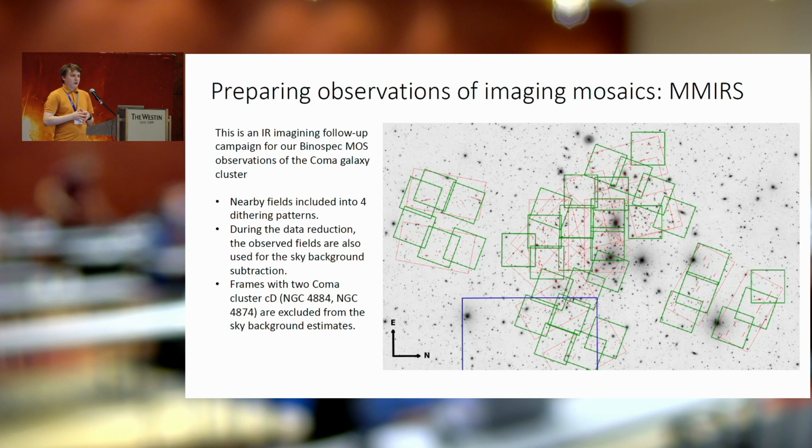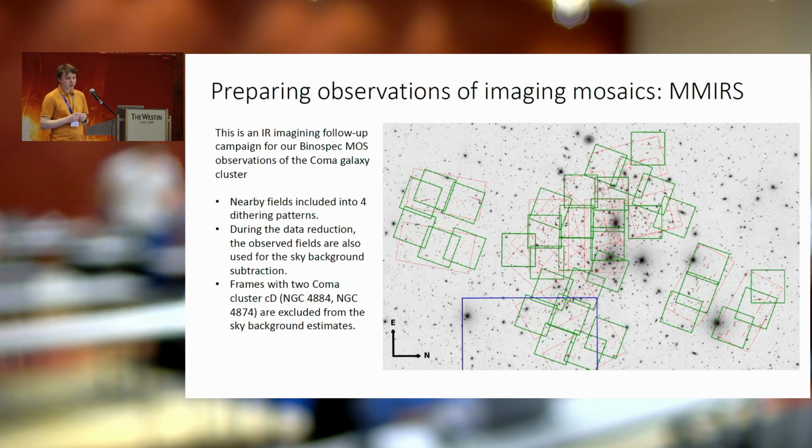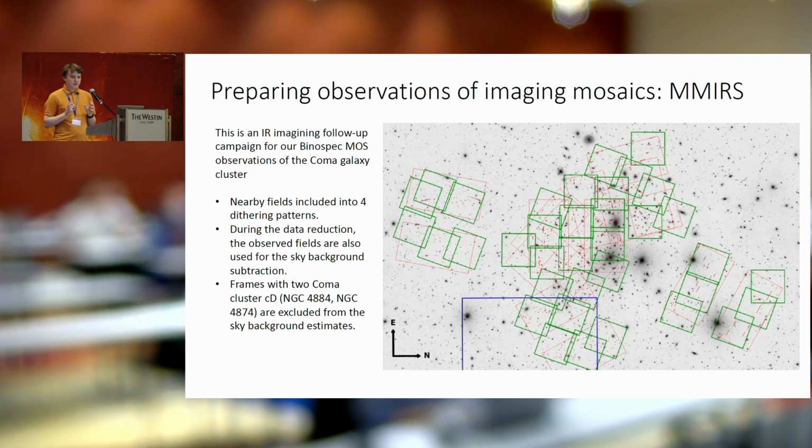I want to say a little bit about our observational program, because we did an infrared imaging follow-up campaign for multi-object spectroscopy data obtained with a newly designed and commissioned binary spectrograph on the MMT observatory. And on this image, you can see the Coma cluster rotated by 90 degrees.